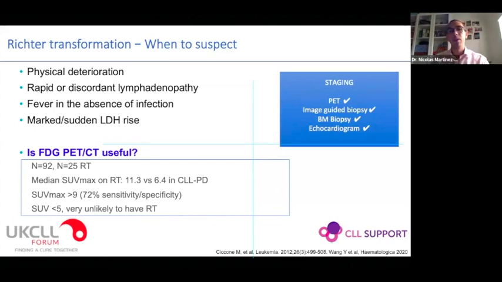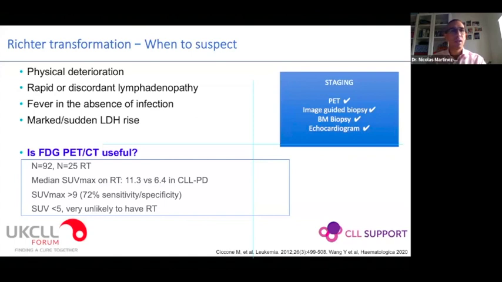First of all, to assess potential sites for biopsy. It's always good practice when you're suspecting high-grade lymphoma of any sort to do a PET scan, because it will help you find adequate biopsy sites, sometimes ones that are not readily evident on physical examination, or perhaps on a CT scan.